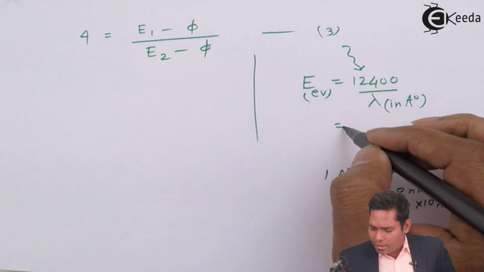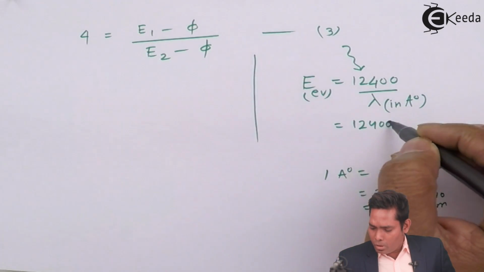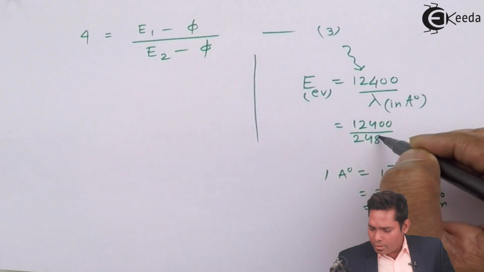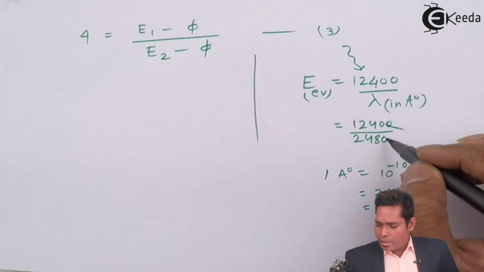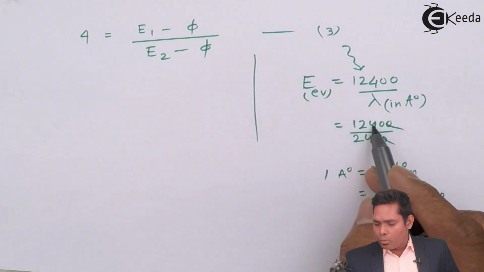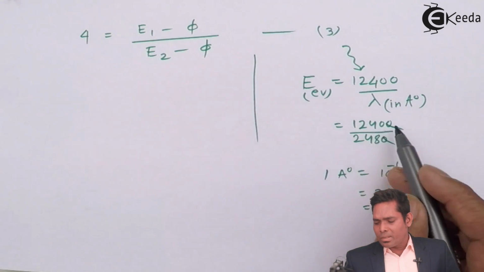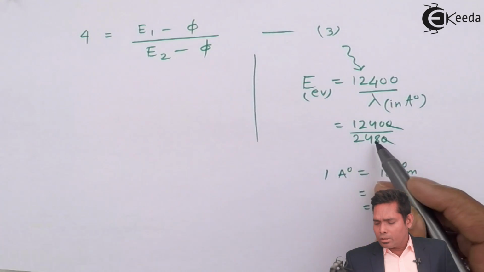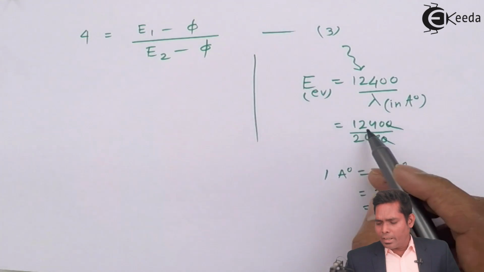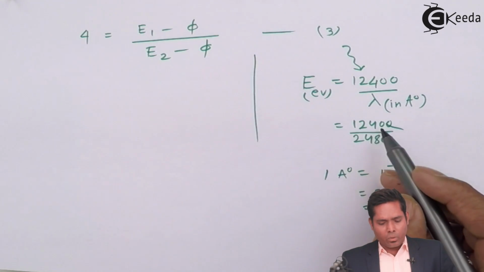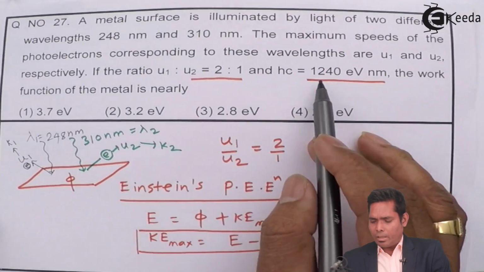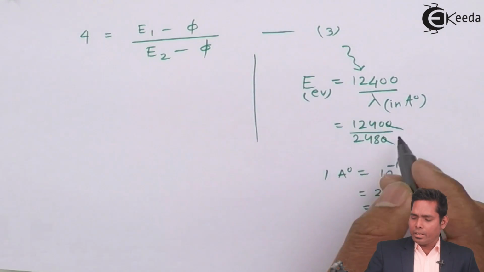If I put that here, I will get 12400 divided by 2480. 00 cancels. This is 1240 and this is 248. So in terms of nanometer, if you want to write, this will be 1240 electron volt nanometer divided by 248.